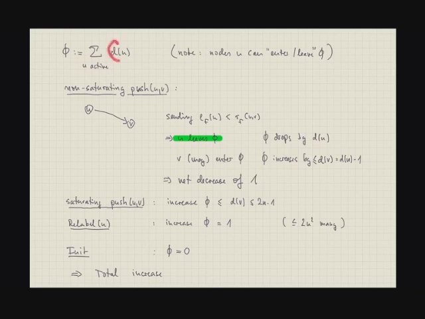So we are summing a couple of zeros here, and hence the whole function is equal to 0 at the initialization. So now what do we have? Well, we have a couple of possibilities for this function to increase from 0, and that is the saturating pushes and the relabel operations, and the non-saturating pushes are actually making this function decrease by at least 1.